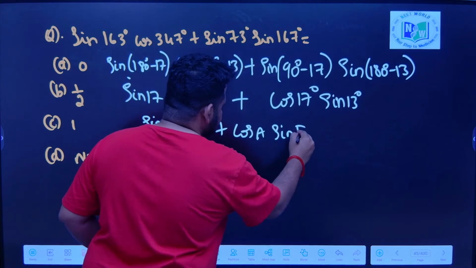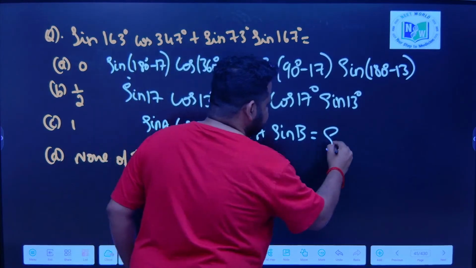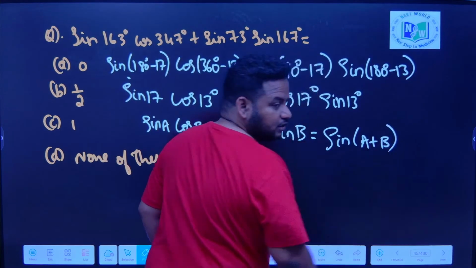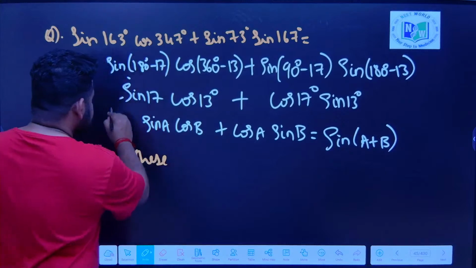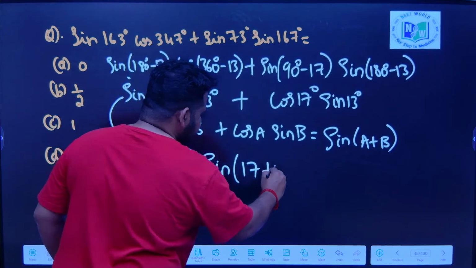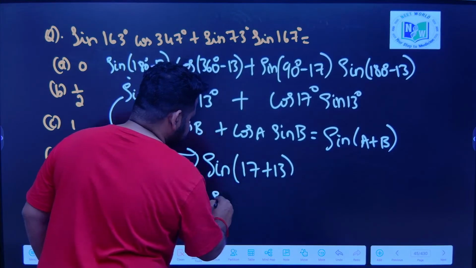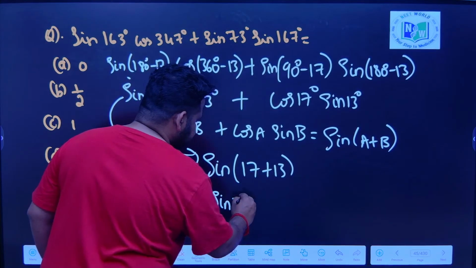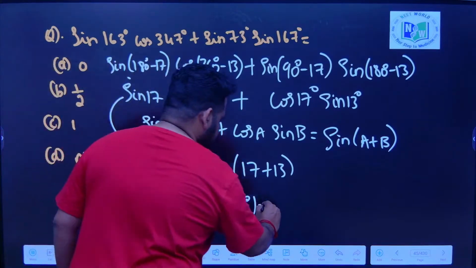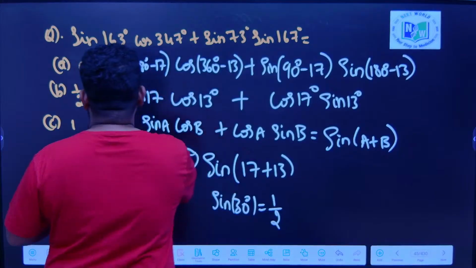So this is nothing but sin of A plus B, that is sin of 17 plus 13, which is sin of 30 degree. 17 plus 13 is 30 degree. Sin 30 is 1 by 2. So the answer to this question is 1 by 2.